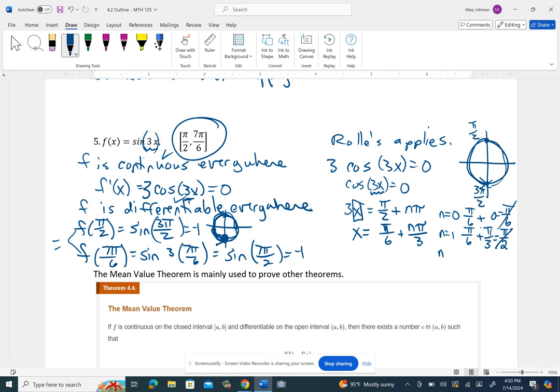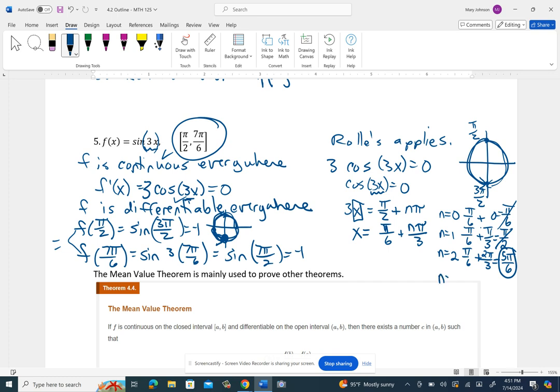Okay, let's try n equals 2. When we do that, we'd get pi over 6 plus 2 pi over 3. Okay, so multiply top and bottom by 2, you'd get 4 pi over 6. So that would turn out to be 5 pi over 6. Now 5 pi over 6 is within that interval. So that's going to be a c value that we know has to exist. There's one.